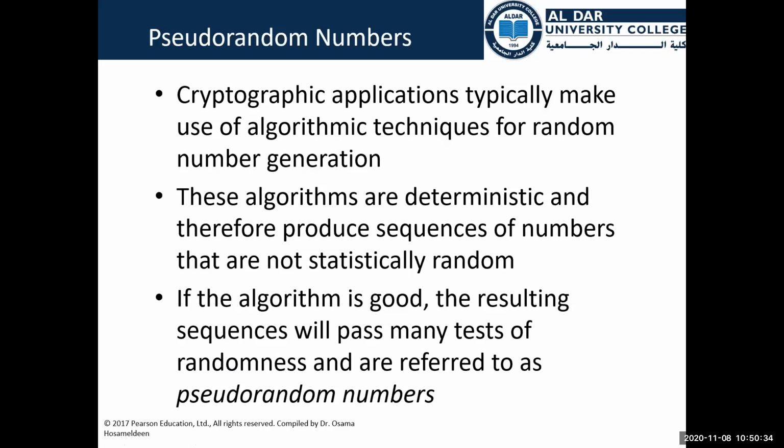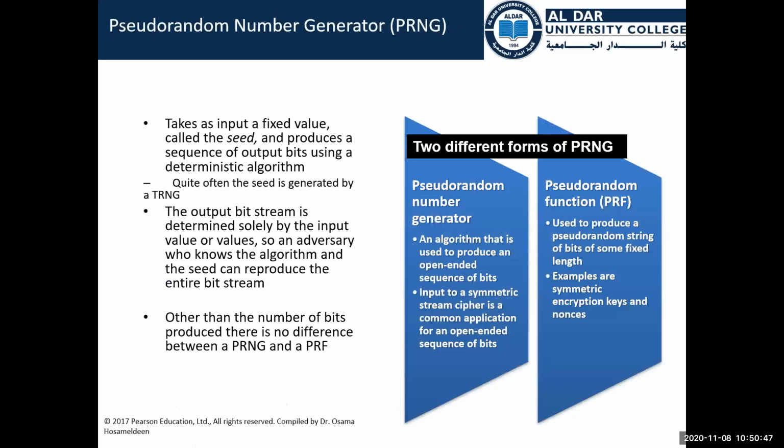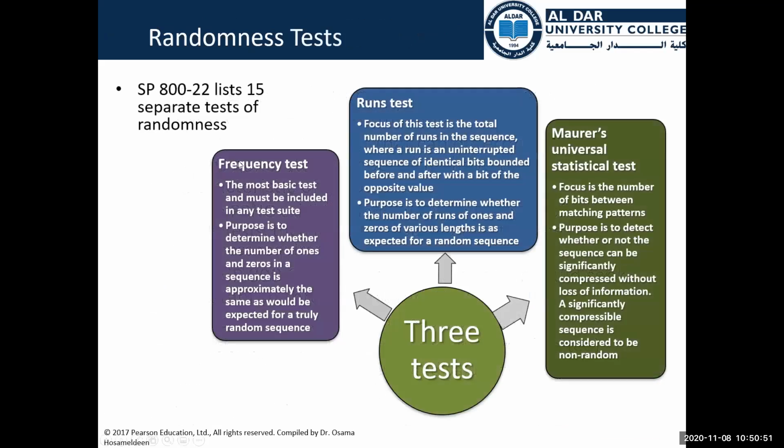Actually, in the next slide, I will tell you about those tests. I will show you the tests first: frequency test, runs test, and Maurer's universal statistical test. If the sequence passes all these tests, it will be considered a random number.